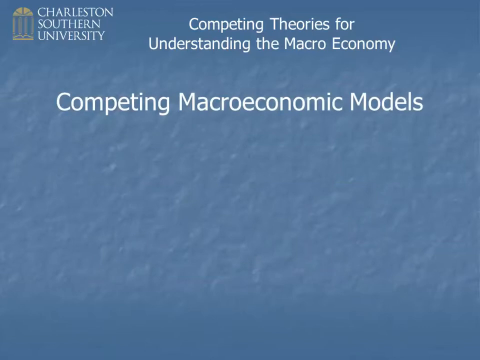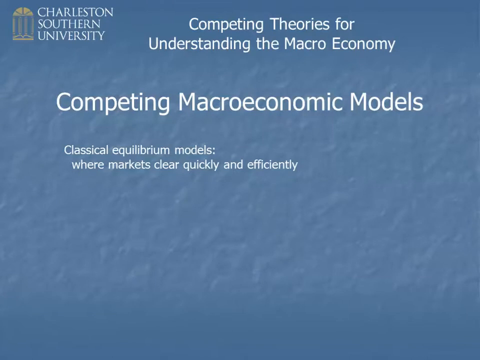Then the next thing you need to become aware of is, unlike in microeconomics, in macroeconomics there is a lot of tension between different camps of economists who think very different kinds of models best describe the economy. So in this class we're going to focus on three general types.